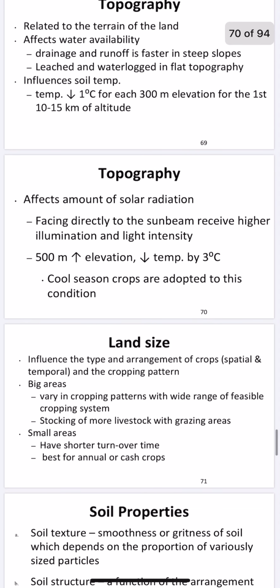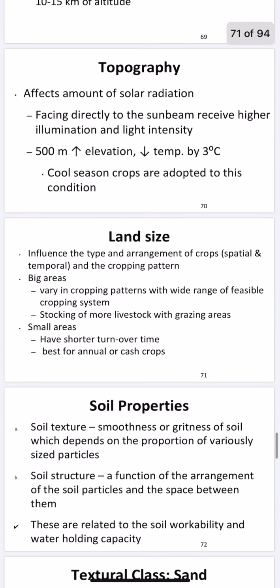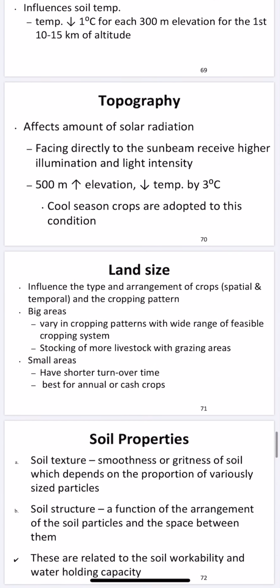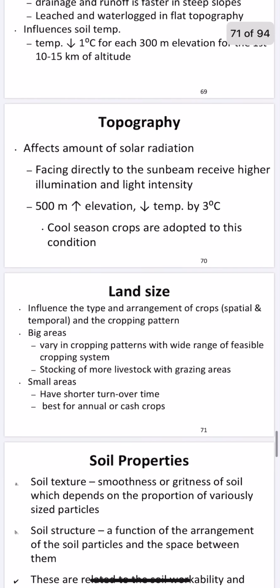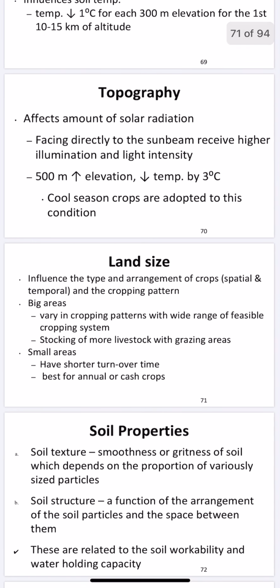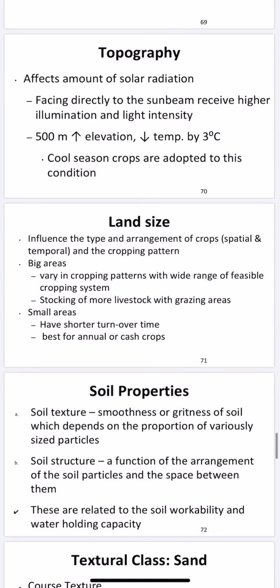So the higher the elevation, the lower also by 1 degree Celsius is the soil temperature. And we all know that the high temperature will influence crop growth. So topography also affects the amount of solar radiation.